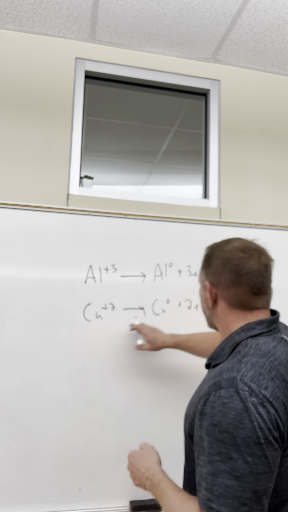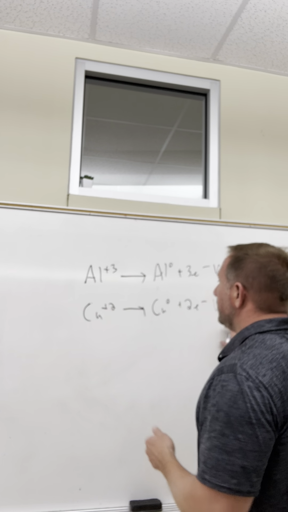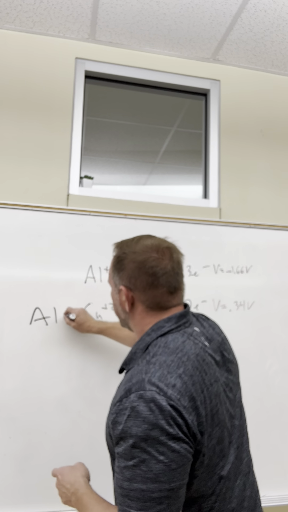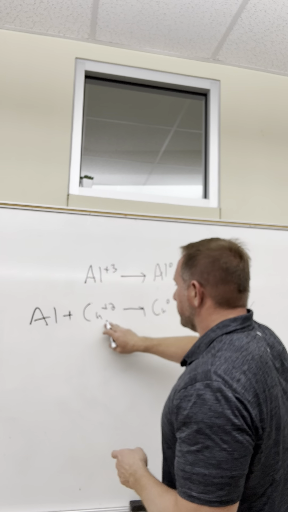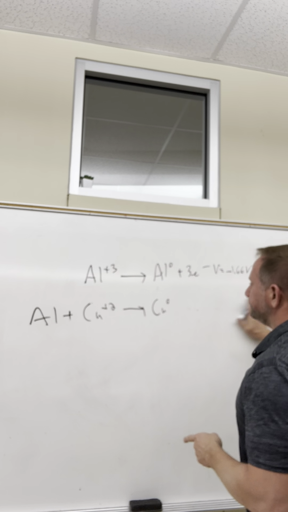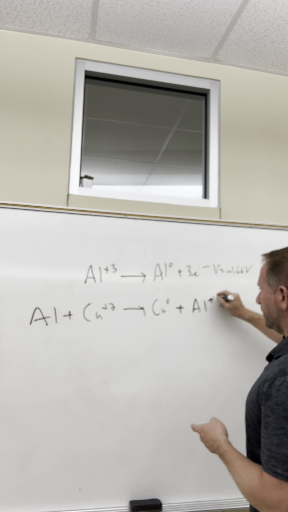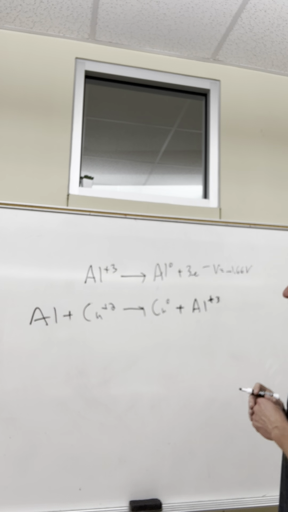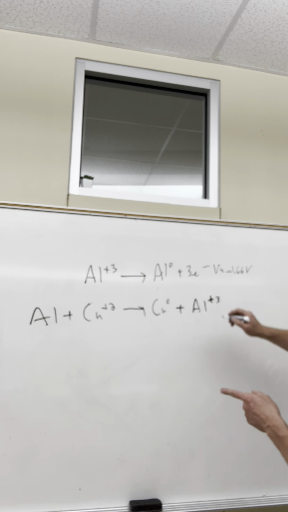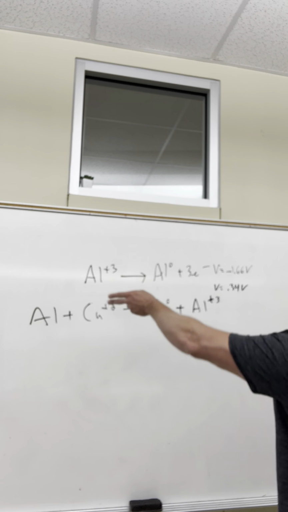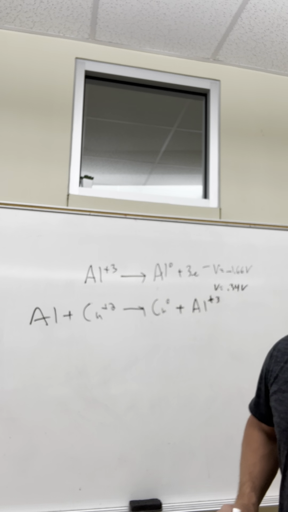So what's going to happen when put together? The copper ion is going to stay as is. This guy's going to flip. So we're going to get aluminum plus copper ions is going to make copper plus aluminum ions. And now what happens? Remember, the voltage of copper is 0.34 volts. I flip this, reminds me of Hess's law.